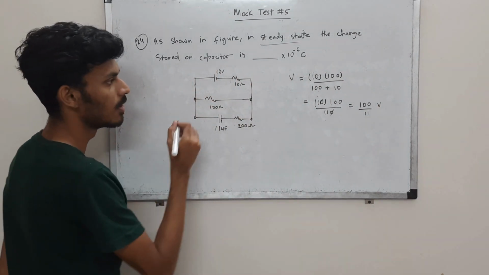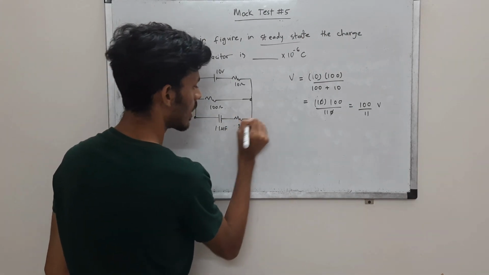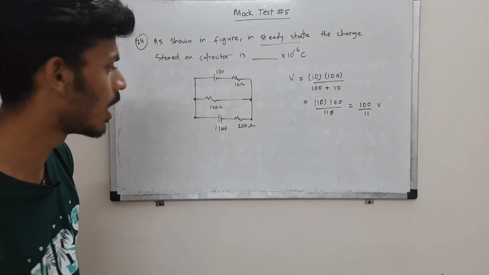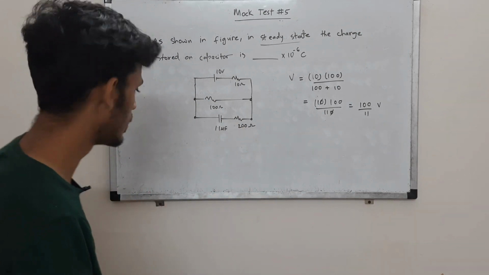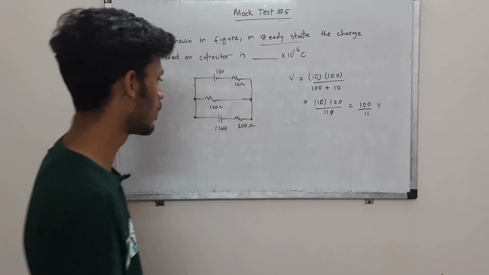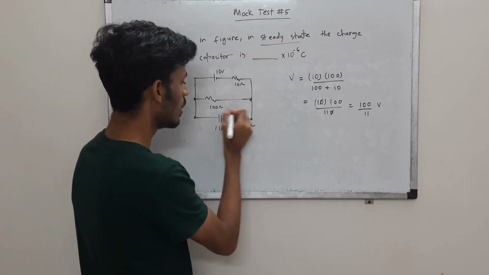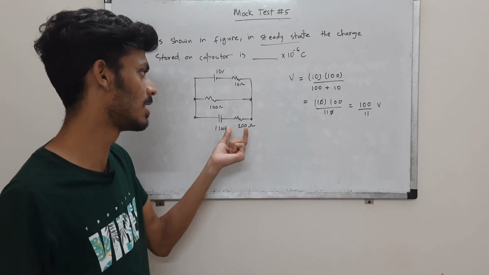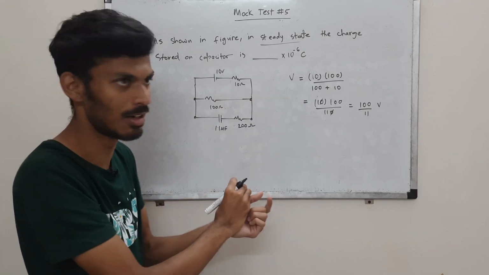Now this will also be the voltage across this capacitor, right? Although there is a resistor, this resistor is of no use unless the capacitor is discharging, and it is of no use in steady state because no current is flowing in this branch. So there is no voltage drop across this resistor. There is no current flowing over here, right?